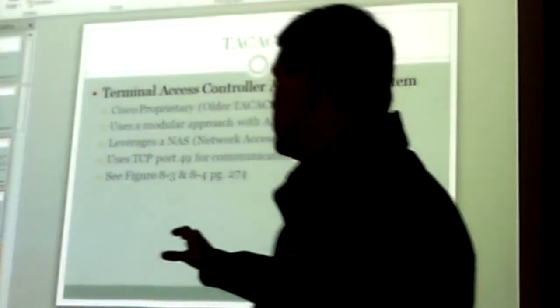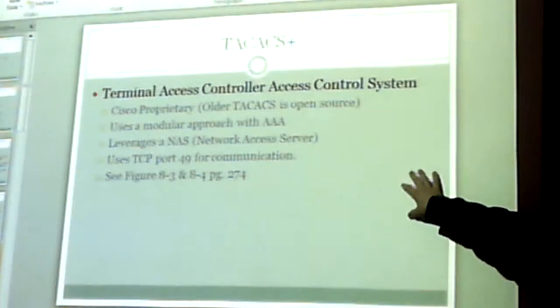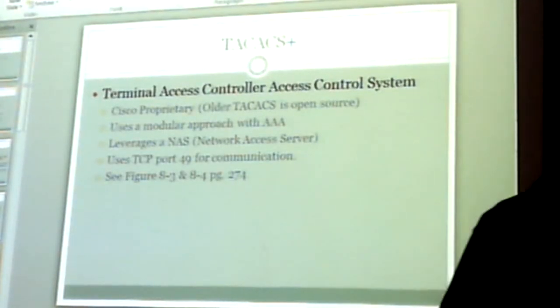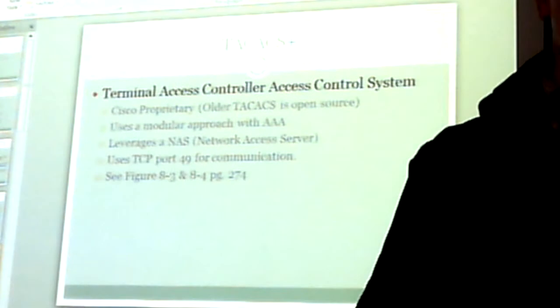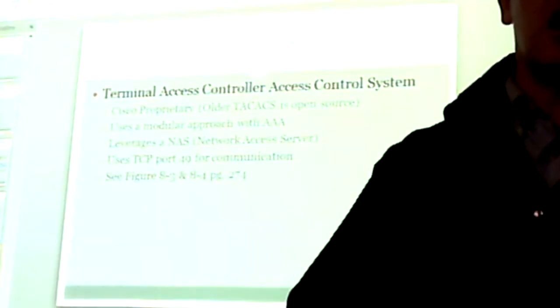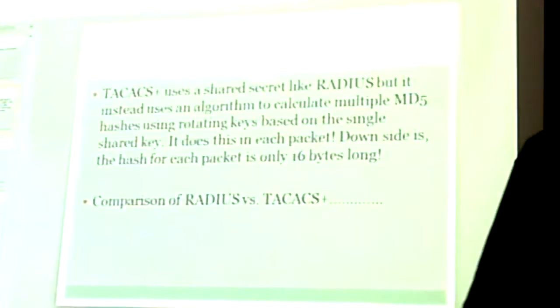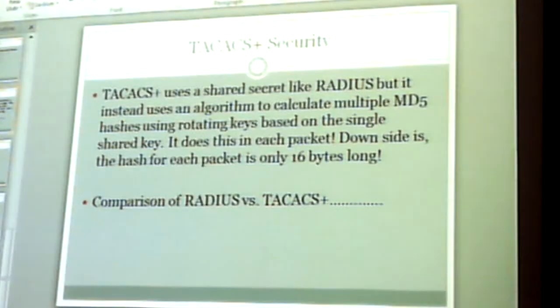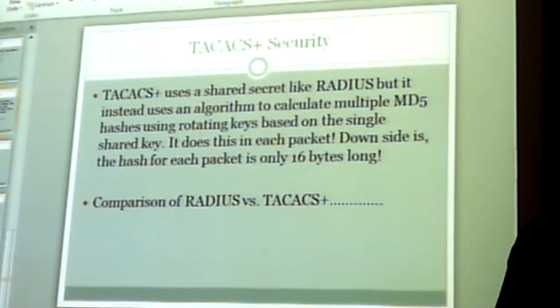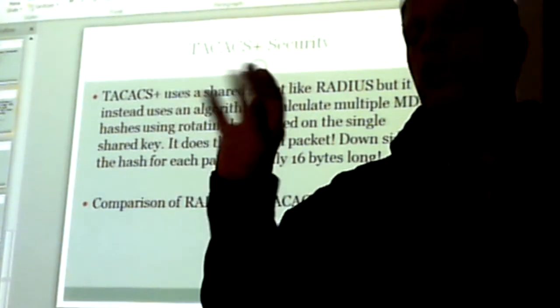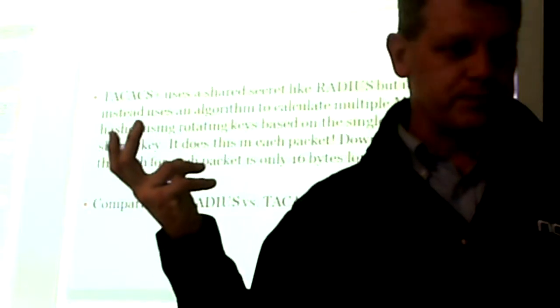Now, TACACS is good because of the benefits you get from TCP. Radius is good because of the way that it does its encryption. And here's why. TACACS uses a shared secret like Radius, but instead it uses an algorithm to calculate multiple MD5 hashes using rotating keys based on that single shared key. So it morphs that password.